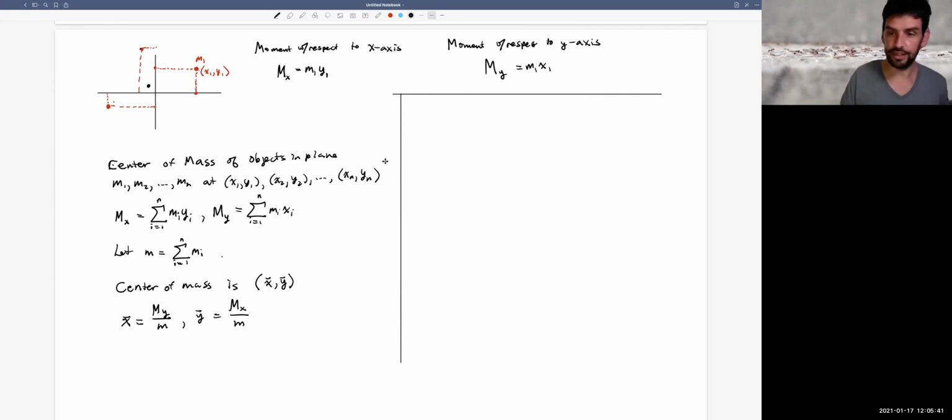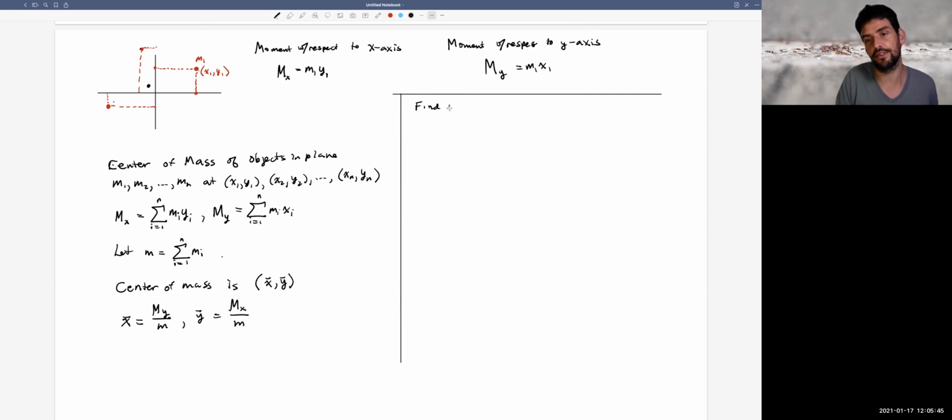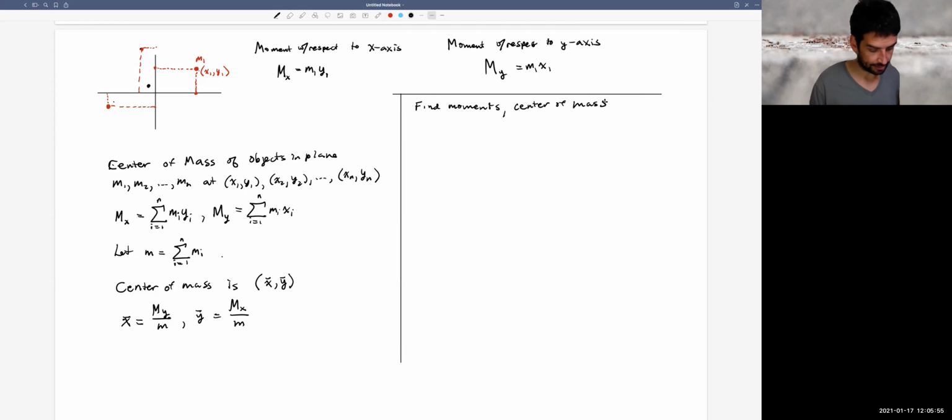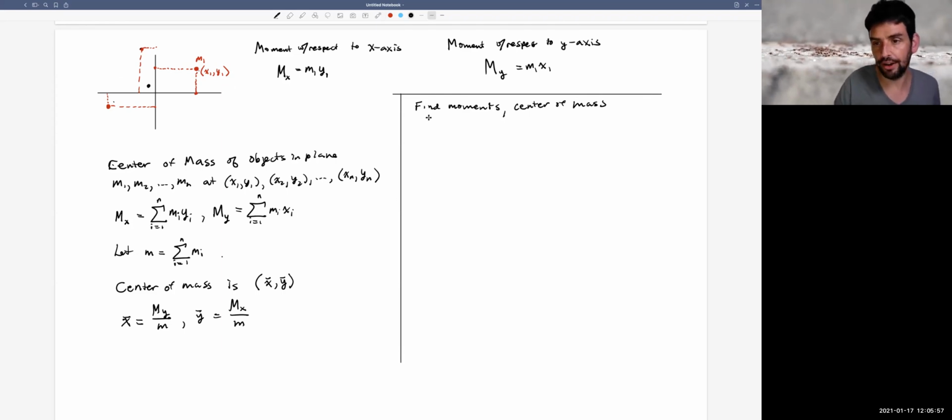Let's find the moments and the center of mass for the following system. We're going to have three masses. I'm going to give their mass and their position.